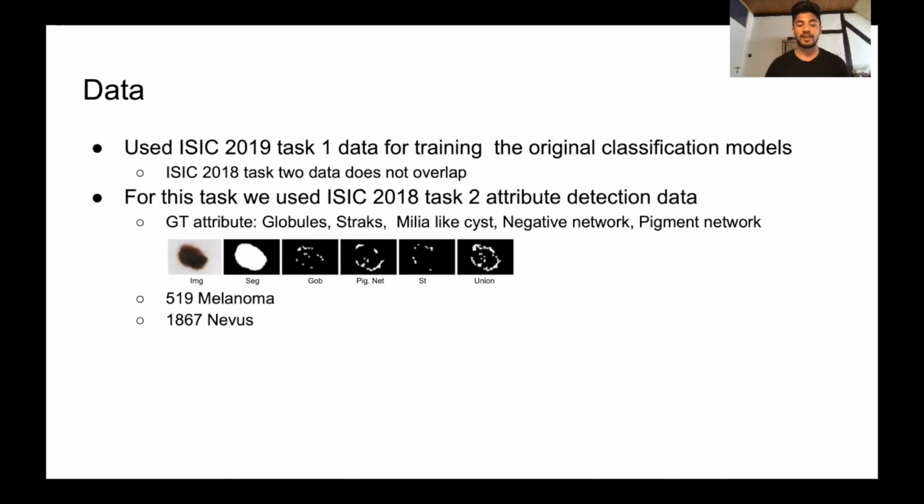Here is an example. This is the image, this is the segmentation, this is the globules, this is the pigment network, this is the streaks, and this is the union of all the attributes. In the ISIC 2018 task 2 attribute data, there are 519 melanoma images and 1869 nevus images.